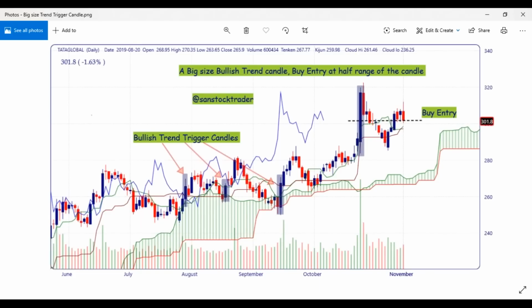But I found one more thing: instead of this Tenkan Kijun crossover, whenever the Tenkan and Kijun come very close to each other, a single candle that penetrates both Tenkan and Kijun is of use.